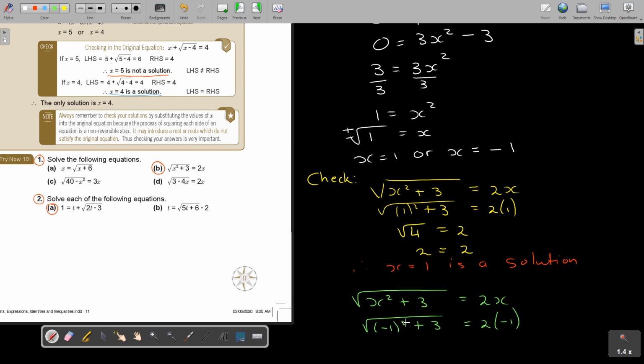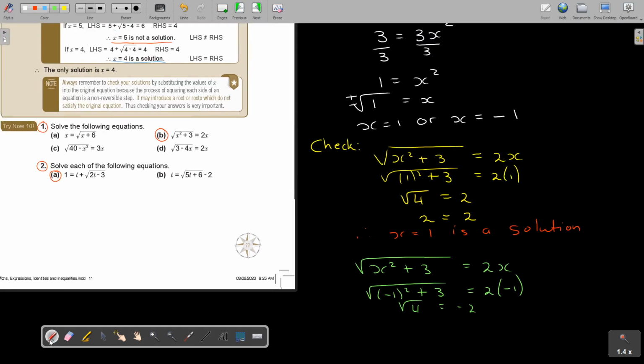Okay, and now this is going to be all right because it's going to be 1 plus, so it's going to be 4, but this is negative 2. If I move it up, I'm going to get 2 is not equal to negative 2. So therefore, x is equal to negative 1 is not a solution.